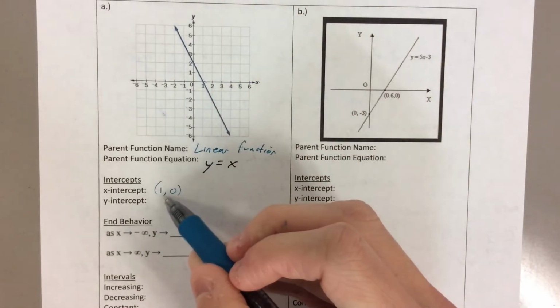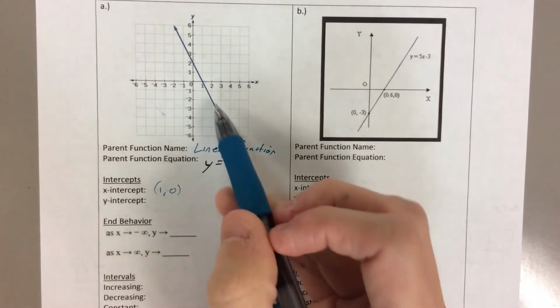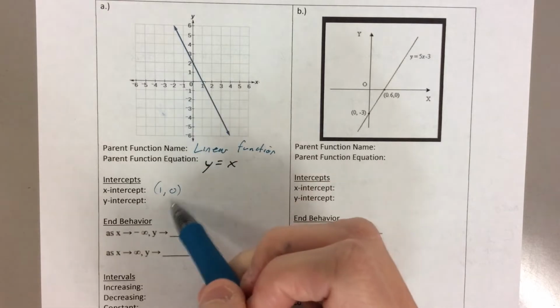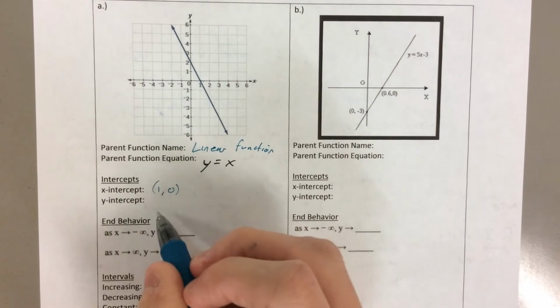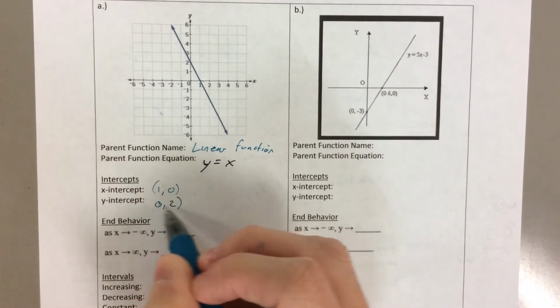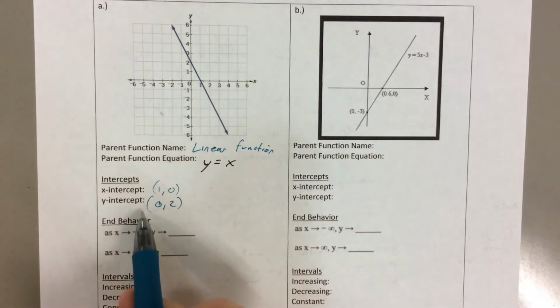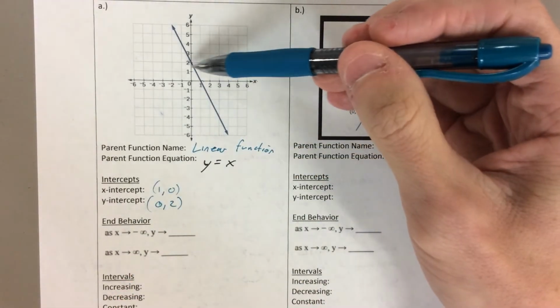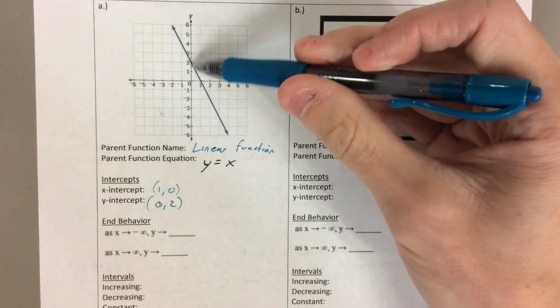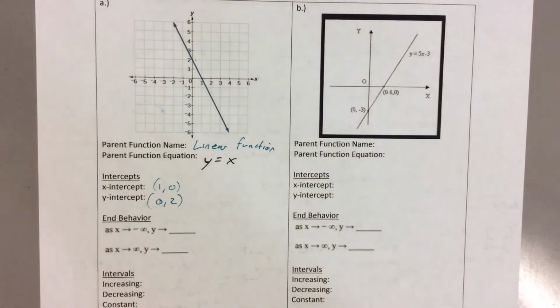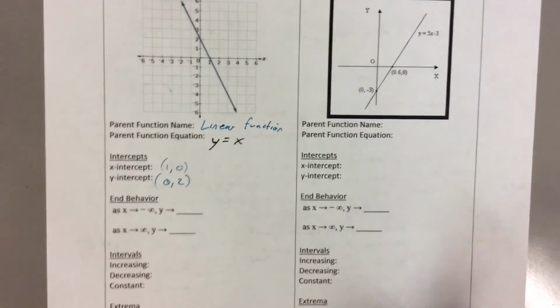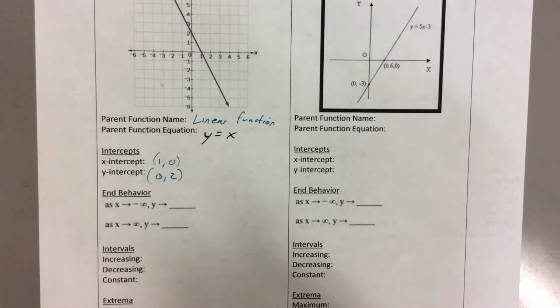That's why we have an x-intercept at 1, 0, and a y-intercept at 0, 2. So that's our y-intercept because it's crossing at positive 2. So that point is 0, 2, written as an ordered pair. So you got to start writing them that way, even if you're used to the other way.